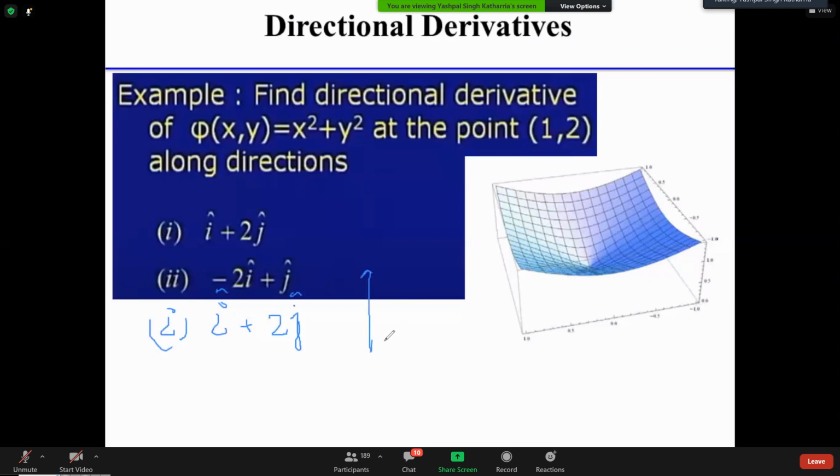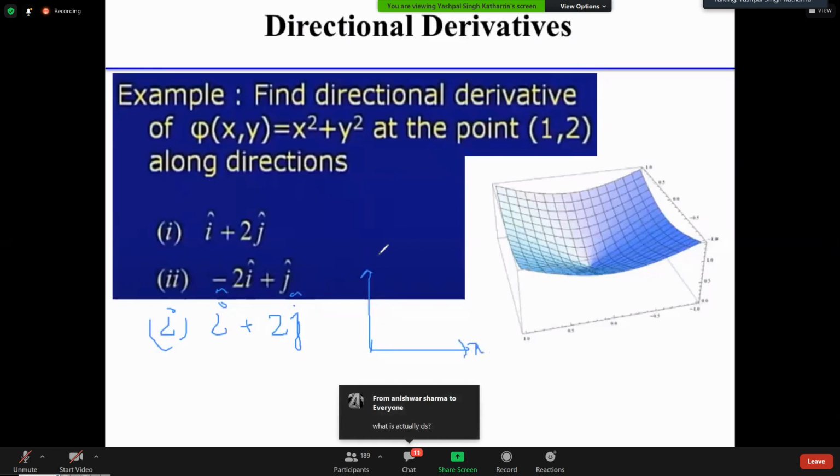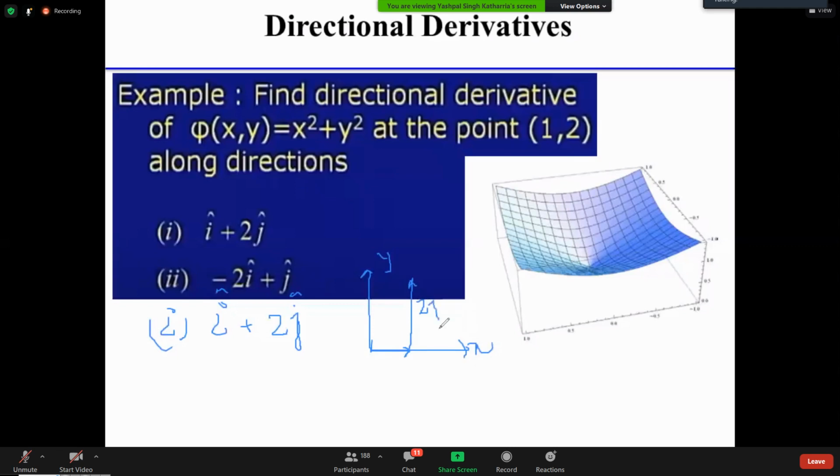Suppose I draw x here and y here. So this i plus 2j direction will be given by this i vector, and then we will add the 2j vector. So this i plus 2j is represented by this line here, which goes something like this.